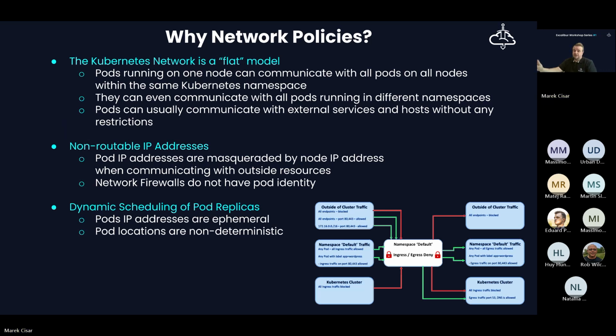And the most important detail is that when the pod wants to communicate to the outside world, the internal IP address of the pod is then translated to the IP address of the node on which that pod is running.